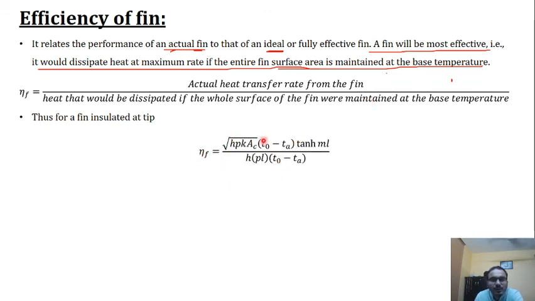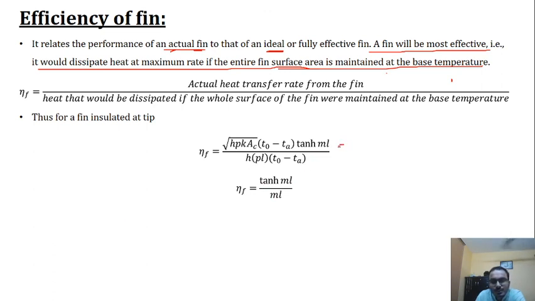This numerator is already derived in our previous theories, and here it is hA delta T. The formula is hA delta T, and surface area is given by perimeter into length. And the final equation will be like this. Now we will try to see why we are arriving at tanh ml divided by ml.